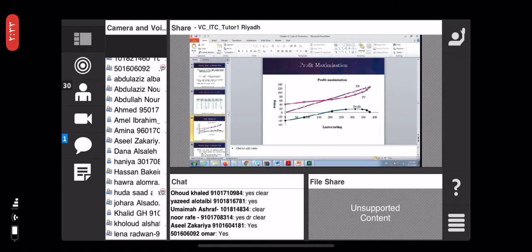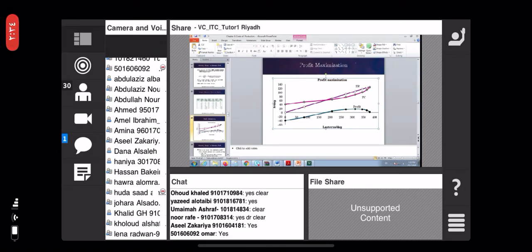If I draw columns from here, I will find this is the highest point of profit and the largest difference between total revenue and total cost.